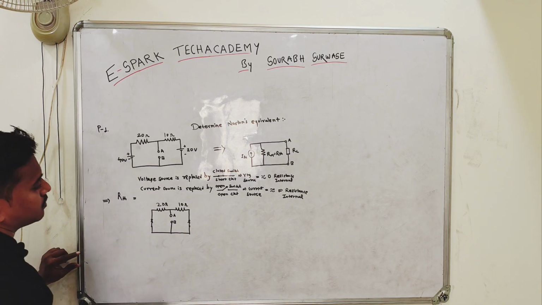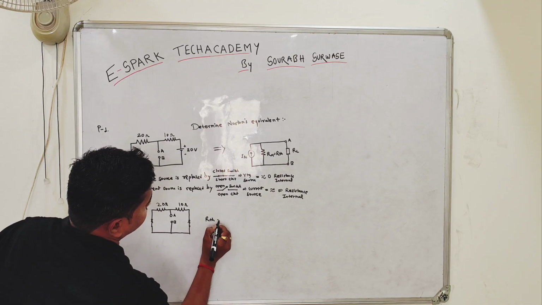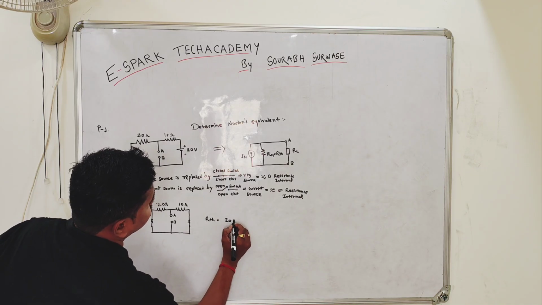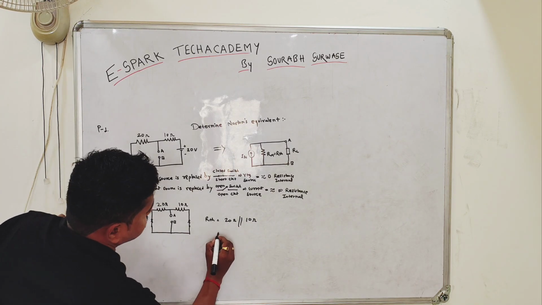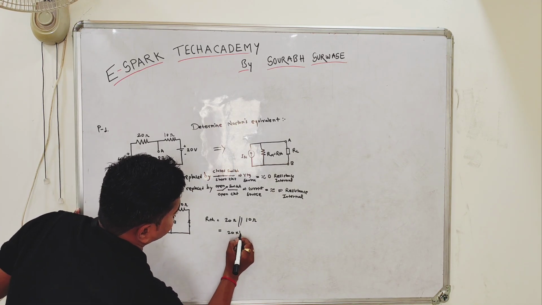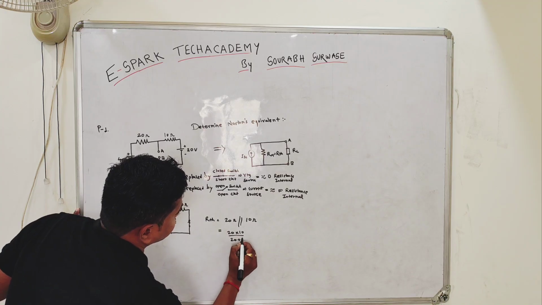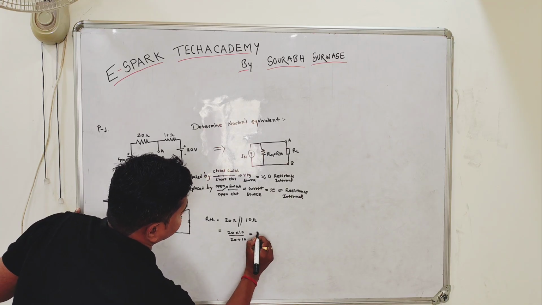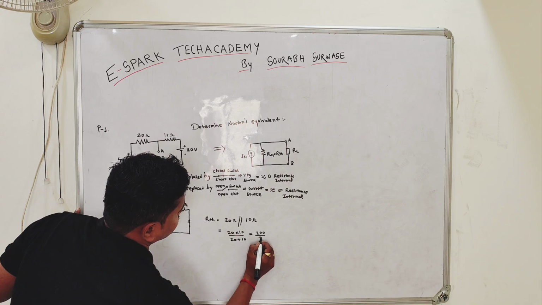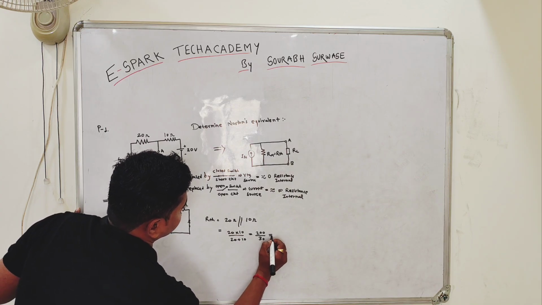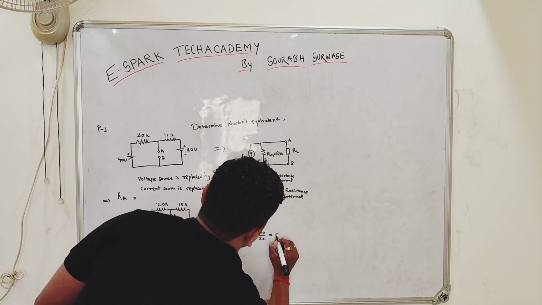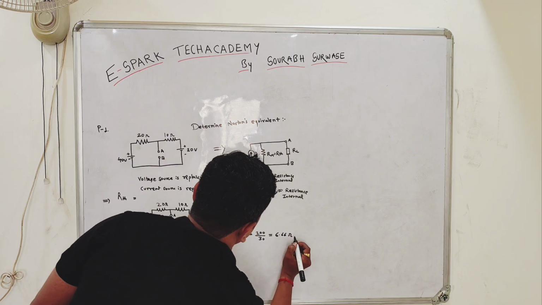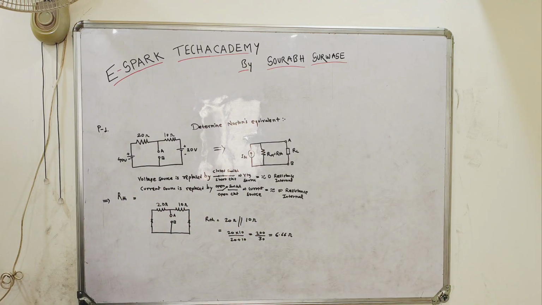RTH will be nothing but the parallel combination of the 20 ohm resistance with the 10 ohm resistance. It is nothing but 20 into 10 divided by 20 plus 10. It will be coming as 6.66 ohm.